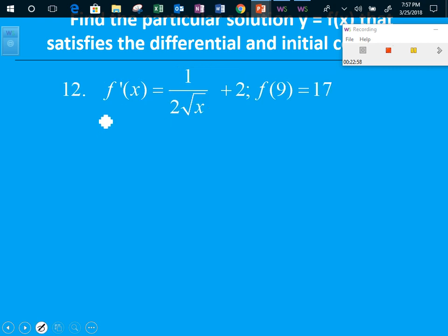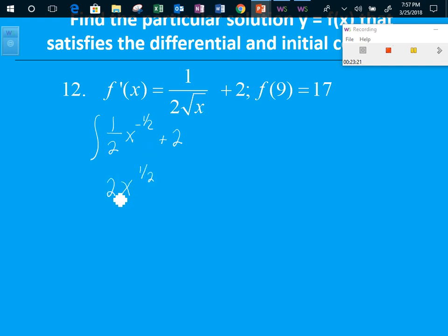We need to figure out the antiderivative of 1 over 2 square root of x plus 2. So I'm going to think of this as 1/2 x to the negative 1/2 plus 2. I wrote it as something that we can find the antiderivative of. Well, here goes. Add 1 to the exponent and get 1/2.